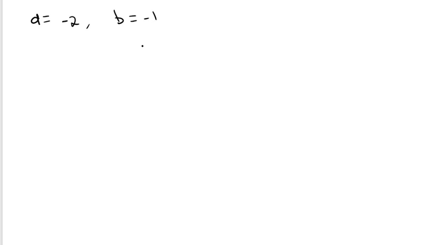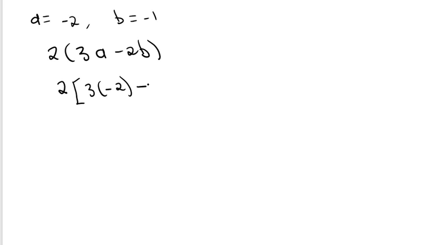Then you can come to the second part of the question, which asks you to simplify the expression 2 bracket open 3a minus 2b. Before you simplify this expression, you need to know the values of a and b. So now that we know them, we just substitute. We have 2, open your bracket, 3a is 3 times negative 2, minus 2b, where b is negative 1.